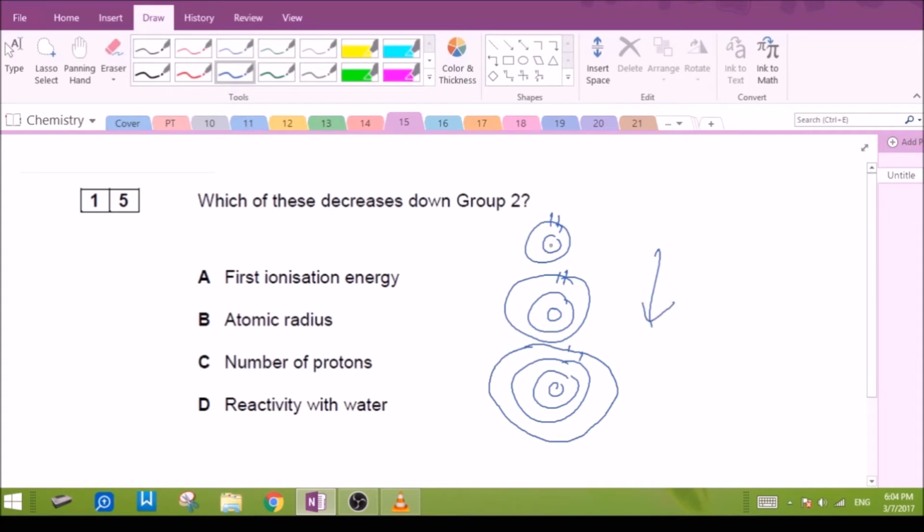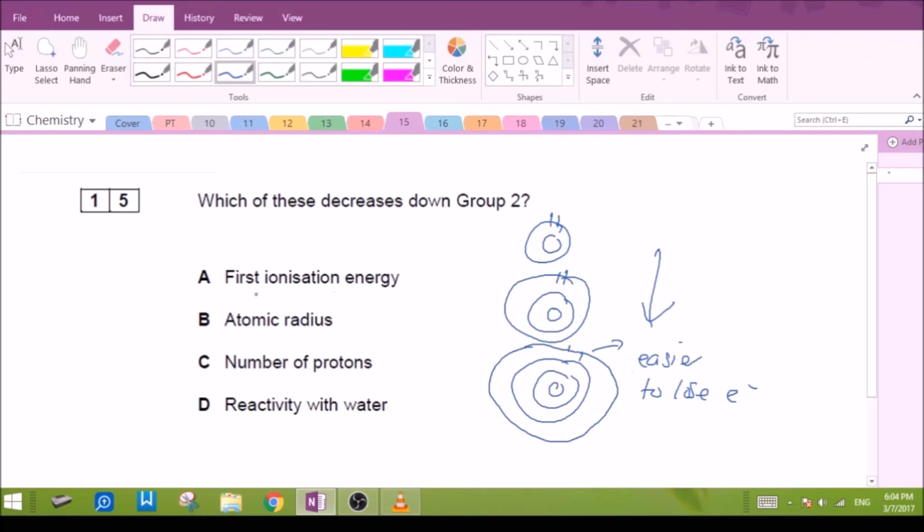It is the protons in the nucleus that are holding the electrons back. So it is easier for the electrons to be lost as we go down the group. Right, because the attraction force from the outer electrons to the nucleus is weaker as we go down the group due to the distance. So it is easier to lose the electrons as we go down the group.